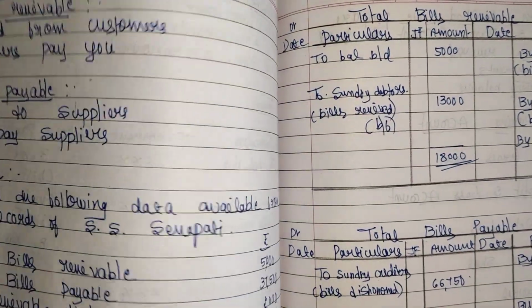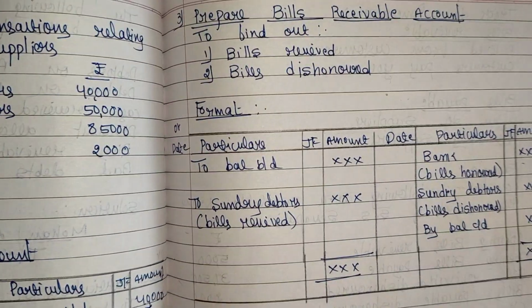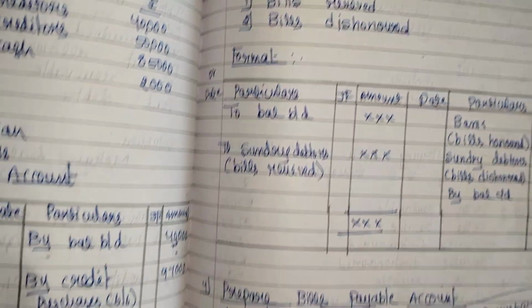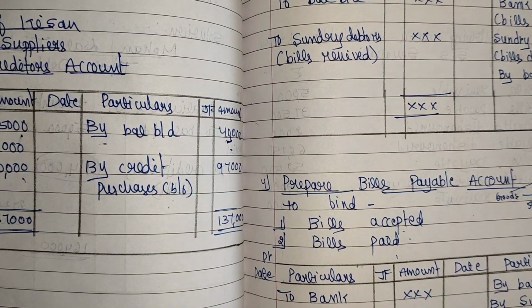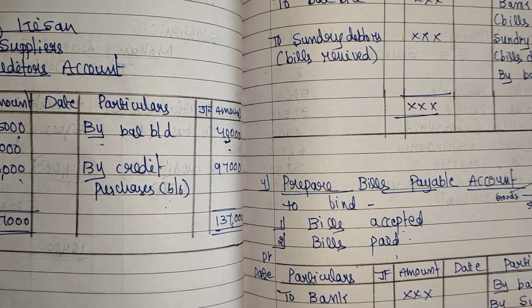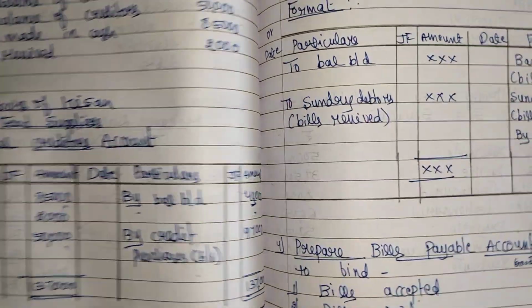Clear? So if we prepare the bills receivable account, we are able to find out bills received or bills dishonored. And if we prepare the bills payable account, only if required, then we are able to find out bills accepted and bills paid. Clear?